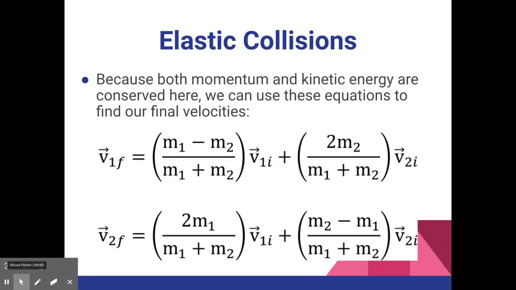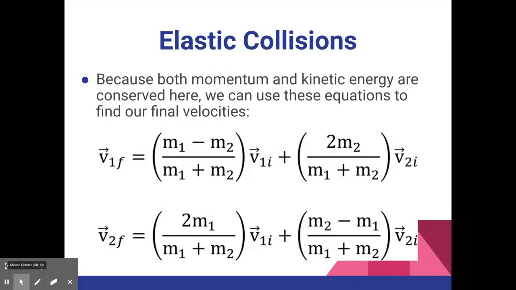But the thing I don't have is the velocity of both objects afterwards. You've got to find me the velocity of both objects only being given the masses, the initial velocities, and also their directions. That's not going to be something you guess.